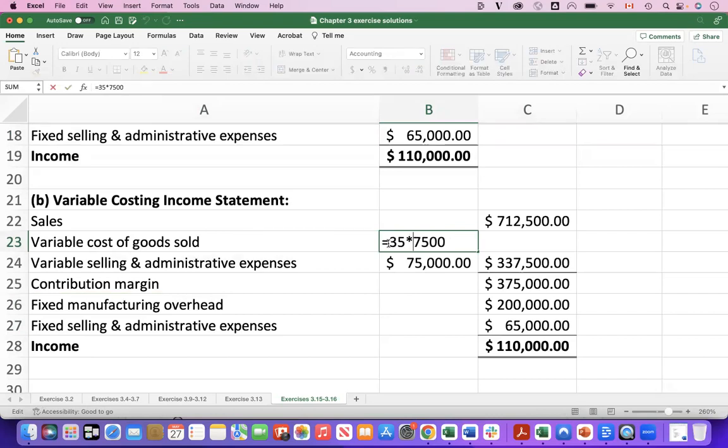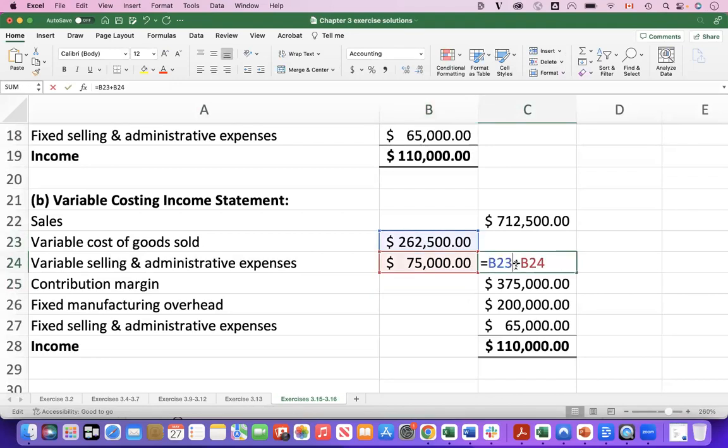That was $35 a piece. Remember, that was given in the question. We multiply that by the 7,500 units that were sold. And then we're also going to subtract out our variable selling and admin, which was the $10 per unit times the 7,500 units we sold.